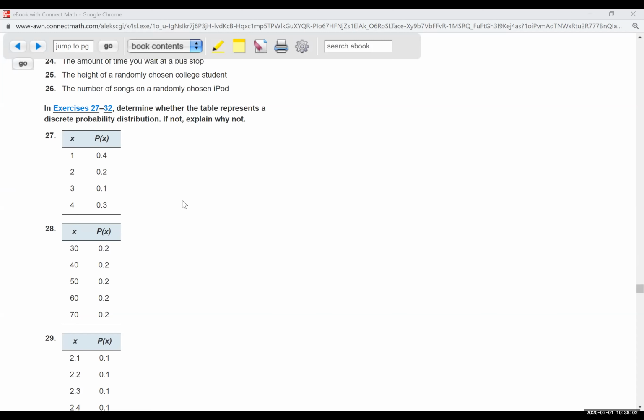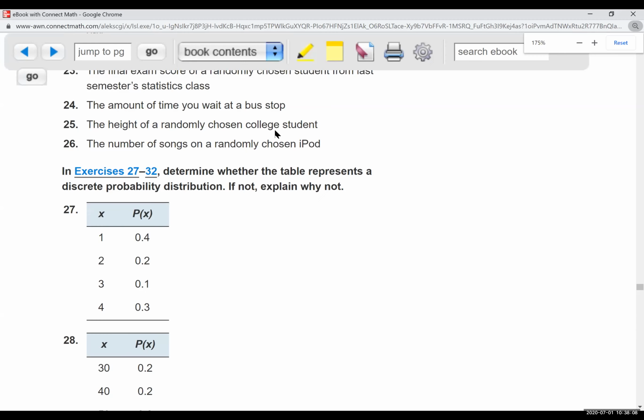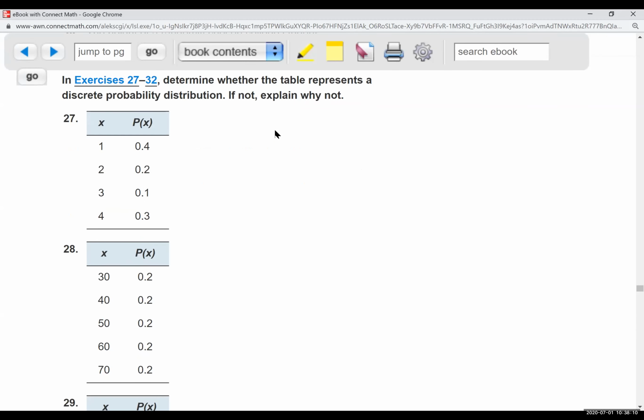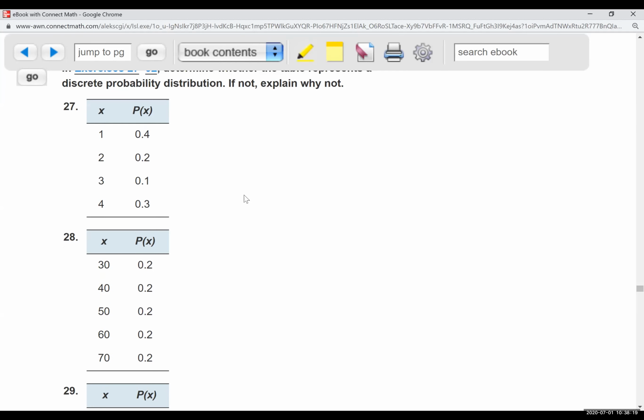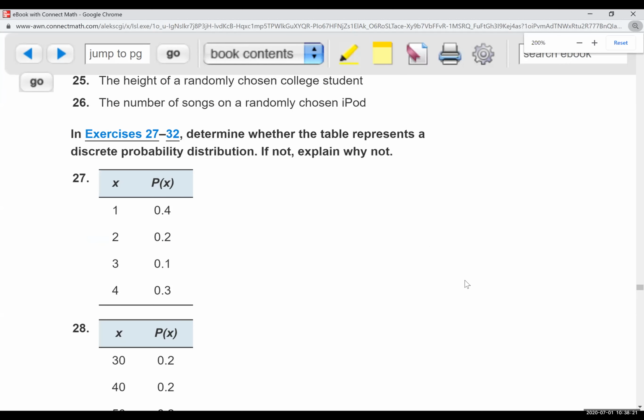Determine whether the table represents a discrete probability distribution. Just yes or no, and if not, explain why not. What can you say about number 27?